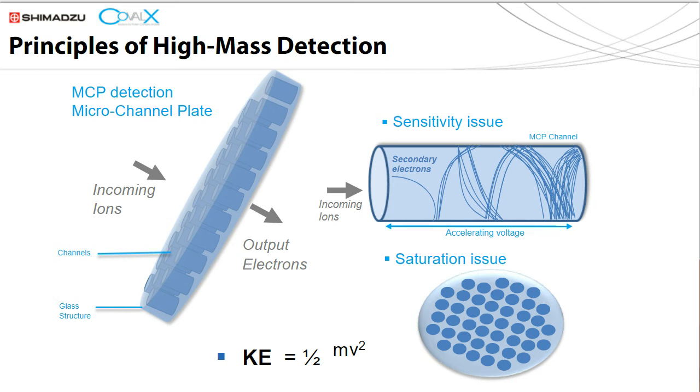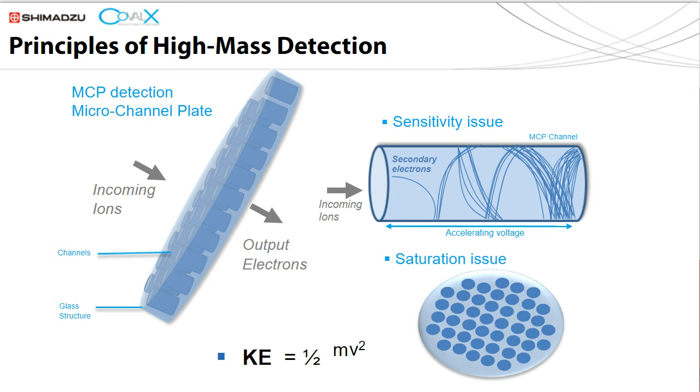The way these work, again, is the incoming ions are going to impact one of the tubes of the detector, and they're going to eject secondary electrons upon impact. And those electrons are then going to cascade through the detector, creating more and more electrons as they bounce off of the surfaces. This cascade or amplification of electrons can then be measured as output voltage on the back end of the detector.